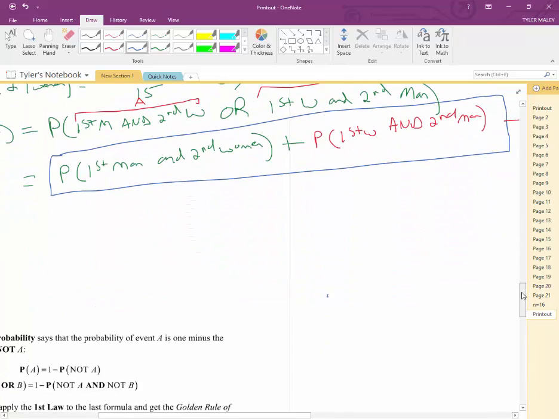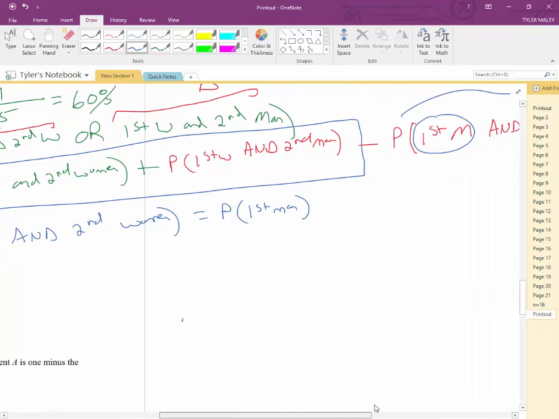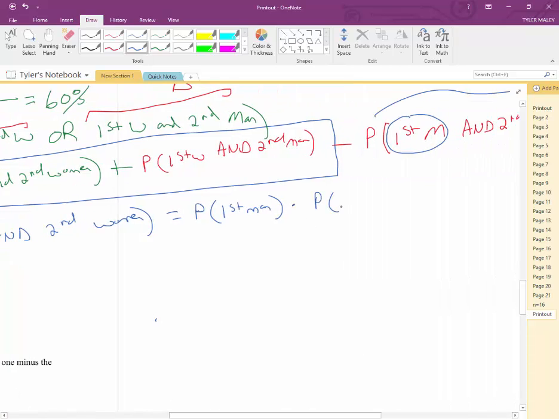So now we're going to have to apply the first rule, the first law, because this is an and. So the probability that the first is a man and the second is a woman is going to be equal to the probability that the first is a man times the probability that the second is a woman given that the first is a man.